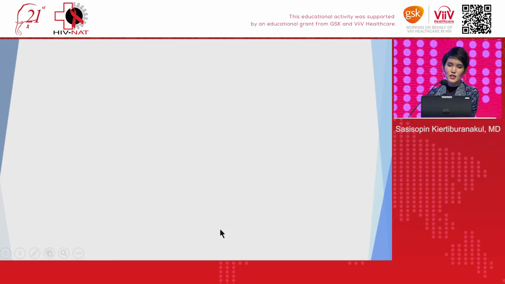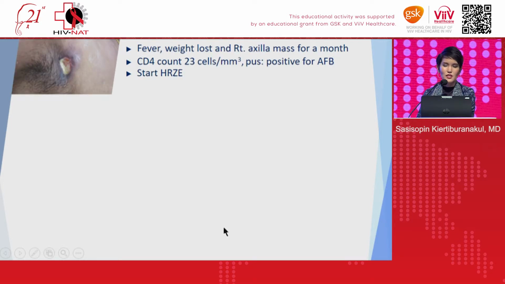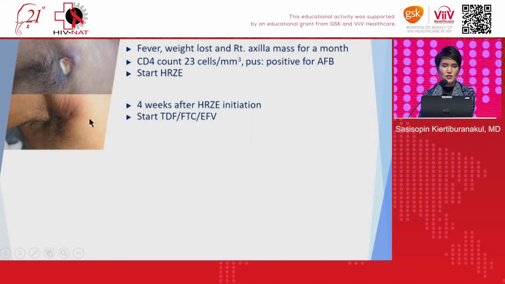I would like to show you another case of IRIS. This is a man who developed fever, weight loss, and a right axillary mass for a month. The CD4 is only 23, and the pus was positive for acid-fast bacilli. So I started the 4 drugs for tuberculosis. Four weeks after starting TB treatment, the lesion was very good, so I started antiretroviral drugs.